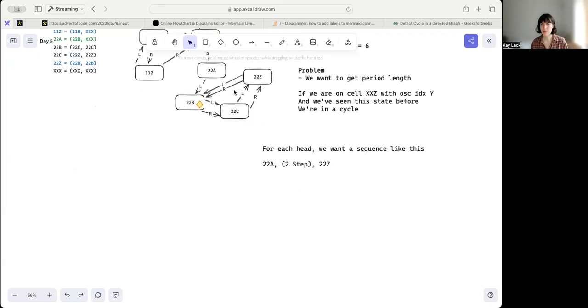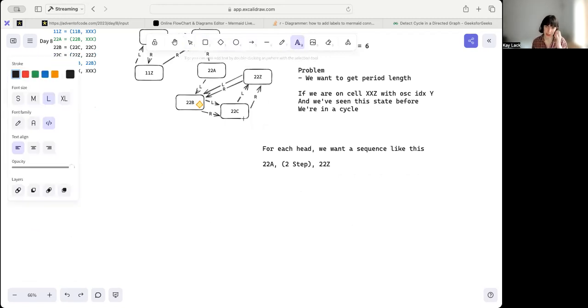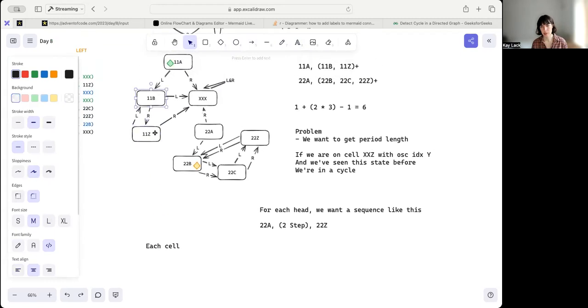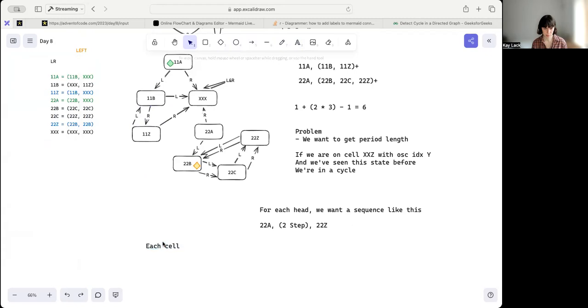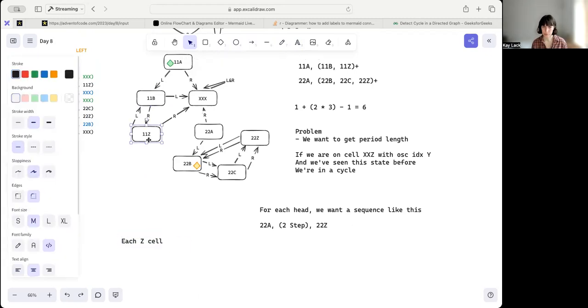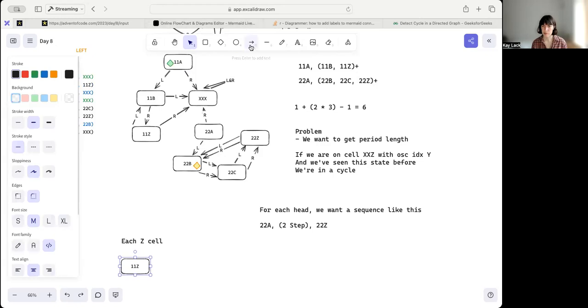So here's what I'm thinking. What if each Z cell has a dictionary in it.